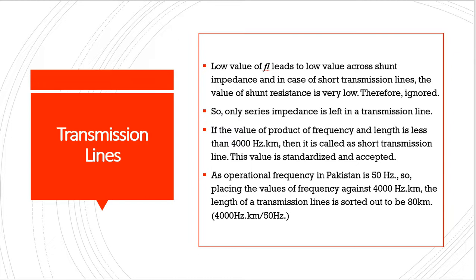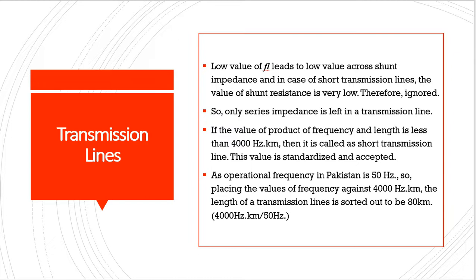If we divide 4000 hertz kilometer by 50, we can find out the value of, sorry, not resistance, but the length of the transmission line. So, this length will become equal to how much? It will be equal to 80 kilometer, right.